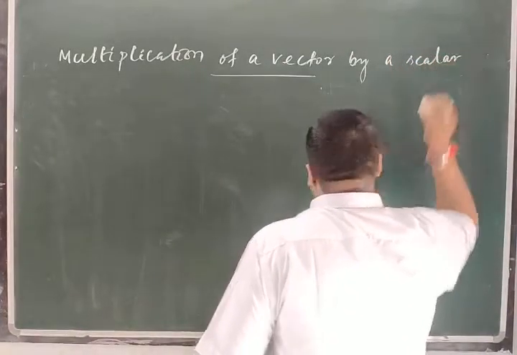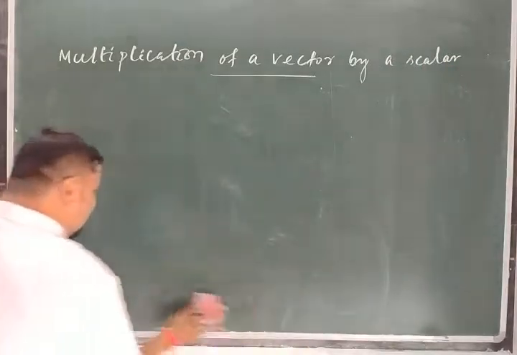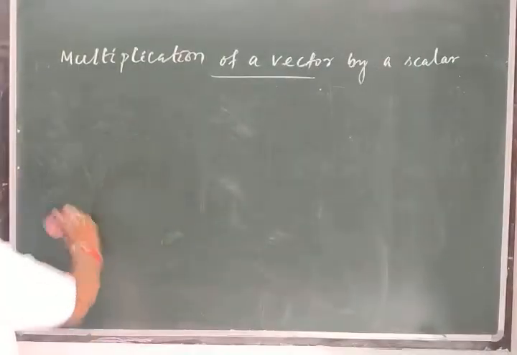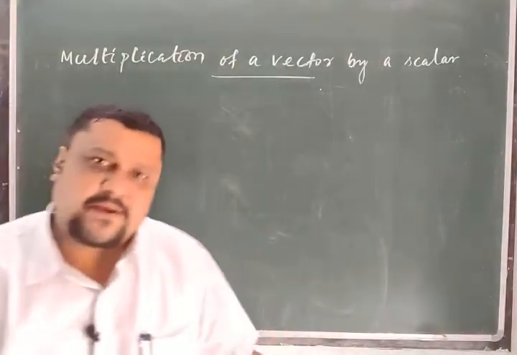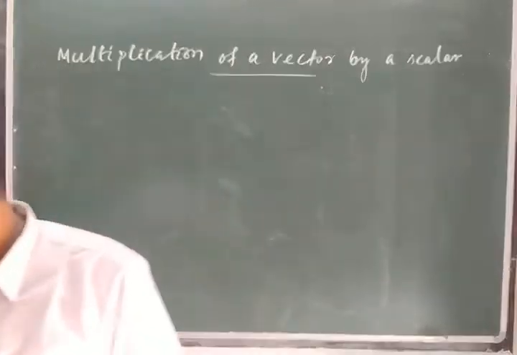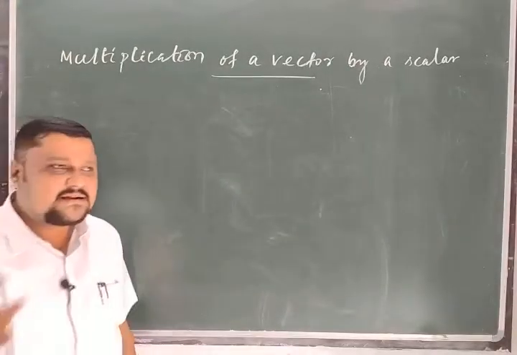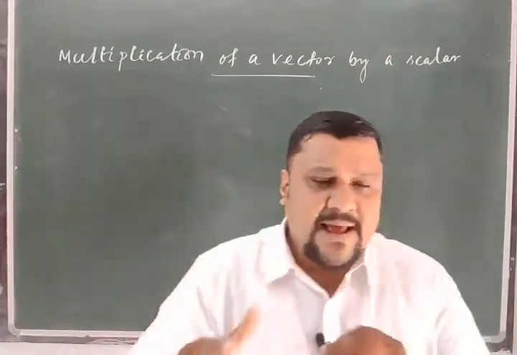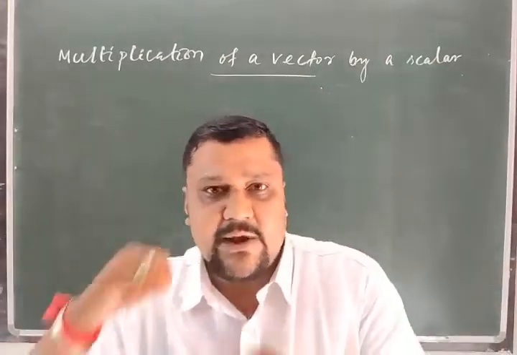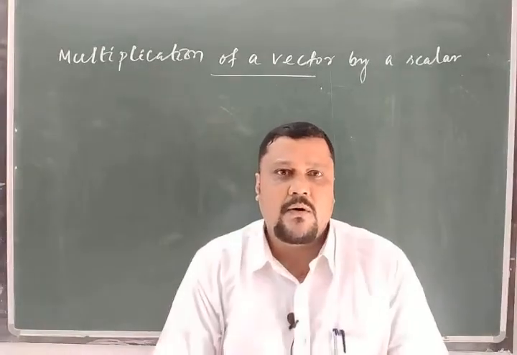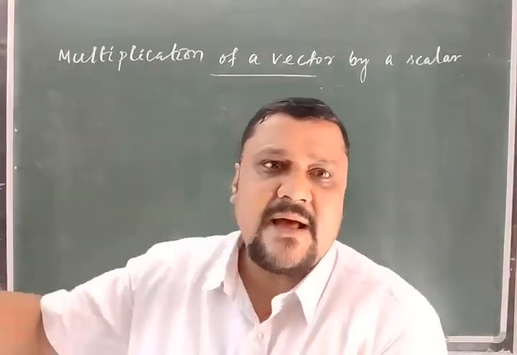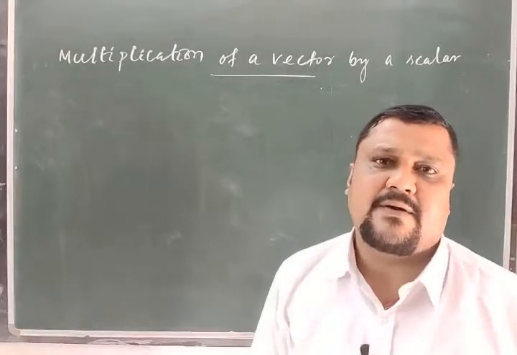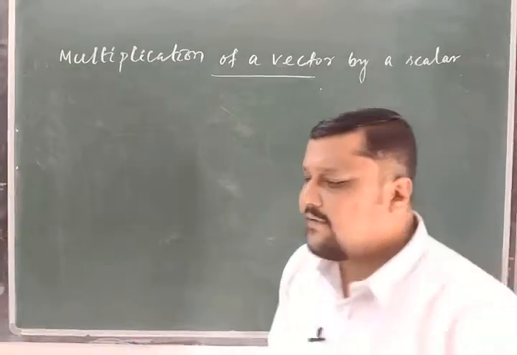What will I get? I will get a vector, because the scalar has no direction. What is the direction of the vector? When you multiply the scalar with the vector, the new vector will follow the direction of the given vector.